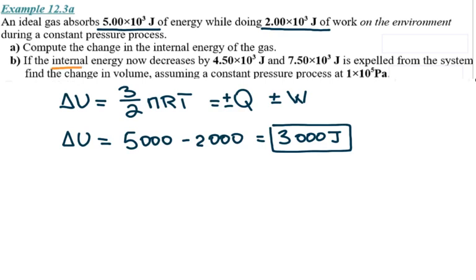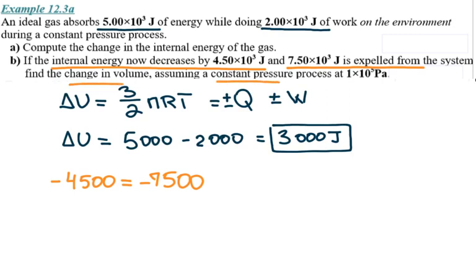So the internal energy now decreased by 4,500 joules, so it drops by 4,500 joules, and 7,500 joules is expelled from the system. And find the change in the volume assuming constant pressure.